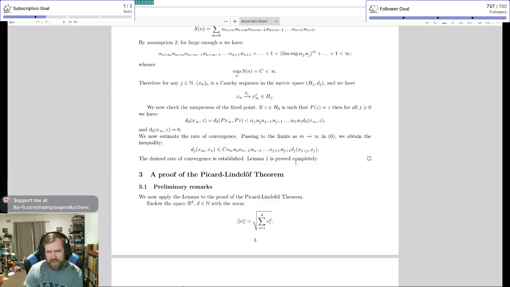It's going to be less than alphas and kappas from j down to 1, and d is 0, right, by definition, and d sub 0 of x sub infinity and z is equal to 0.